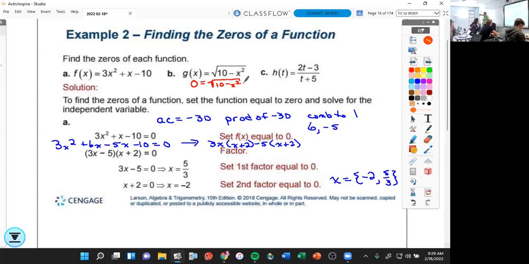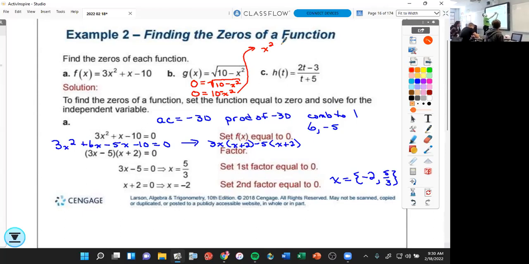You said square both sides? Okay, so squaring both sides gives me 0 equals 10 minus x squared. Next step, 10 minus x squared. There's a minus there. I would rather add x squared, if that's okay. Okay. So I now have x squared equals 10.